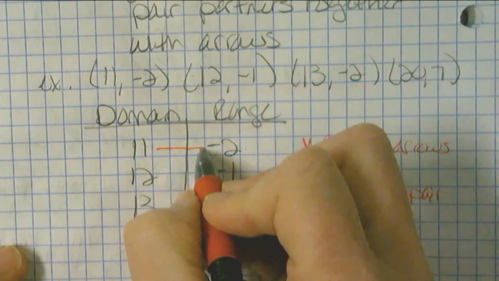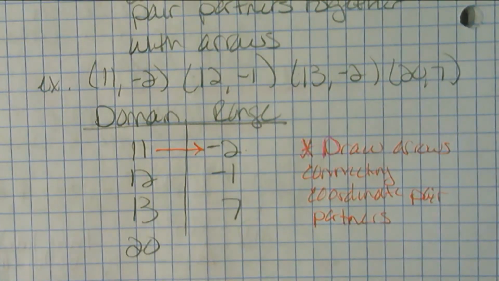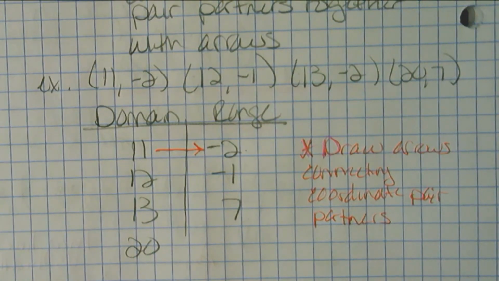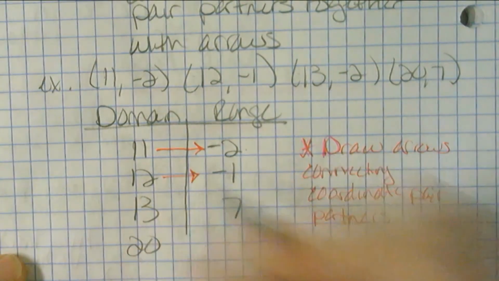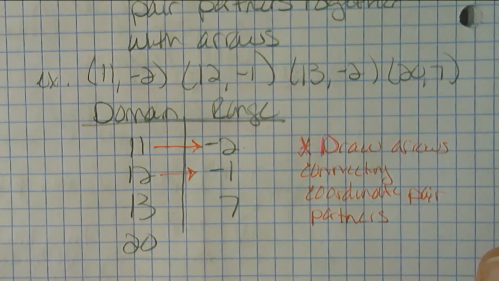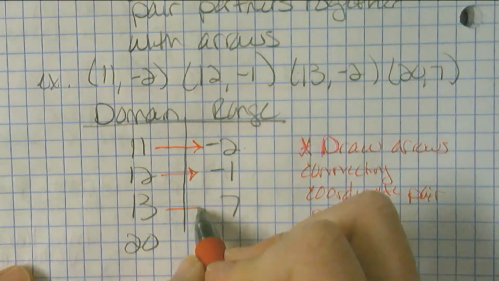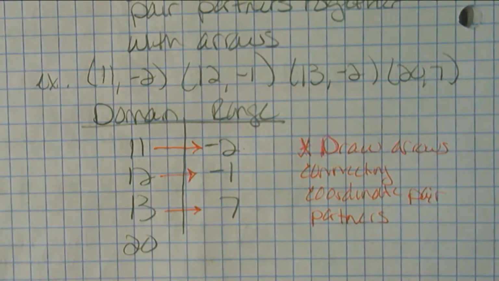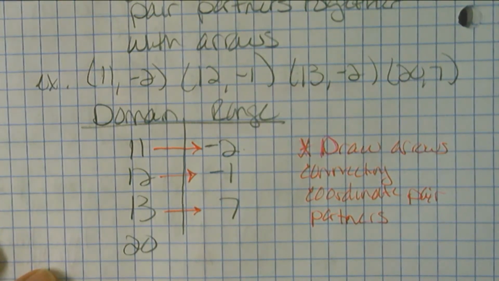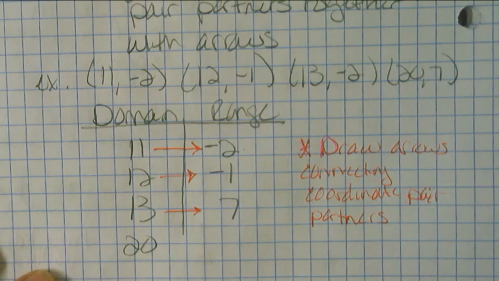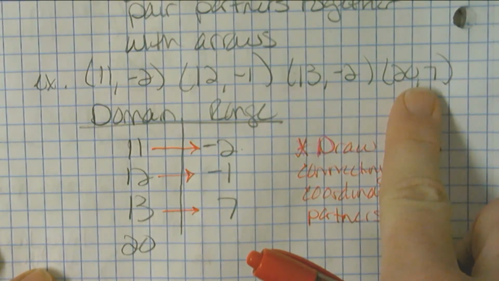So I'm just going to draw an arrow from 11 to -2. Who is 12's coordinate pair partner? -1. Who is 13's range partner? 7. Who is 20's range partner? 7.